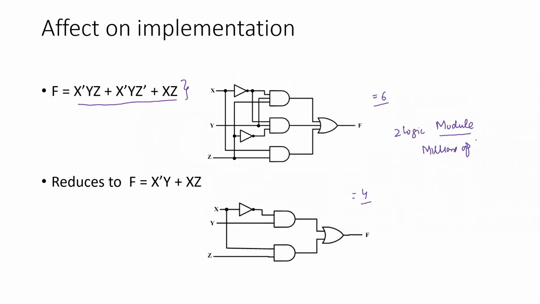So that means you are saving millions of transistors. So that's the advantage of using minimization technique. But the problem with Boolean algebra, not K-map, is that you are not always sure whether the way you are going is good or not, or whether the point at which you are reaching is somehow helping you out or not.